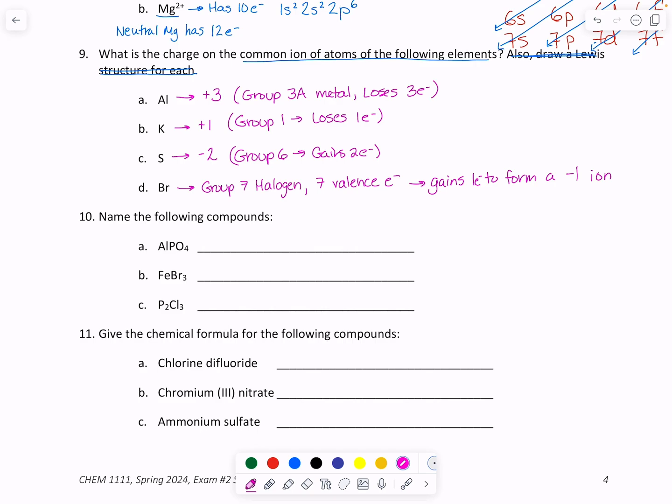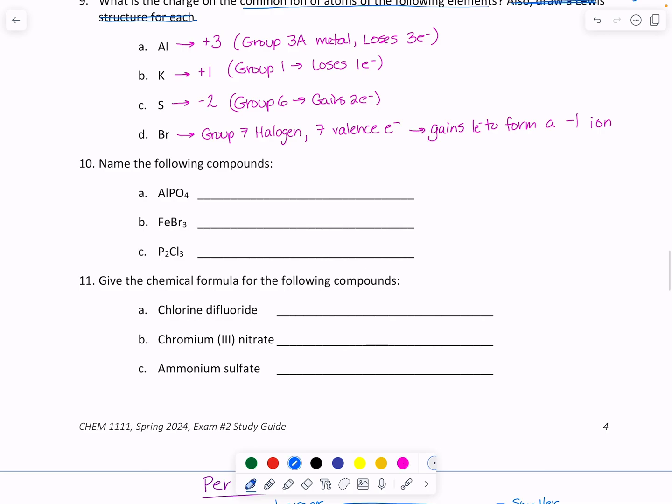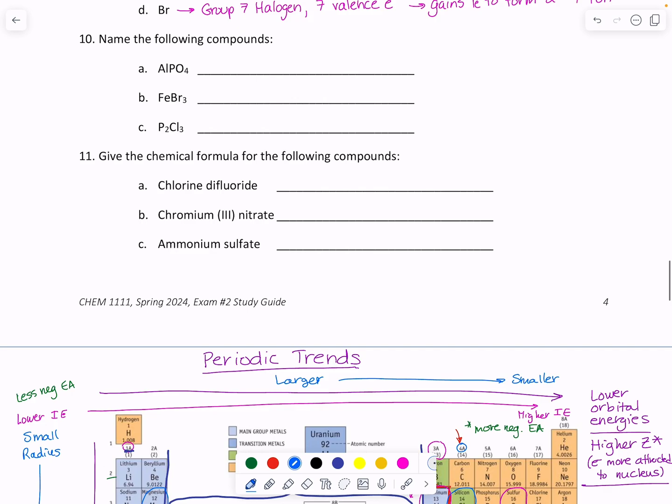All right, so the next thing we're going to do is name some compounds. So what we need to do is identify first whether it is covalent or ionic, and that's going to give us our clue to how to name it.